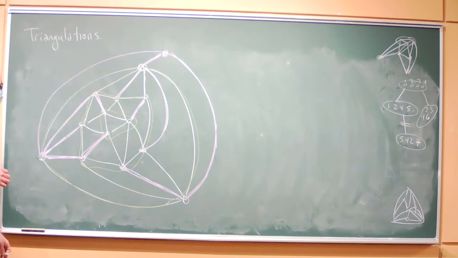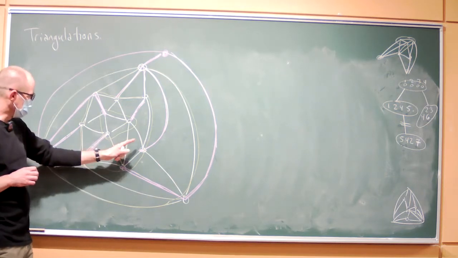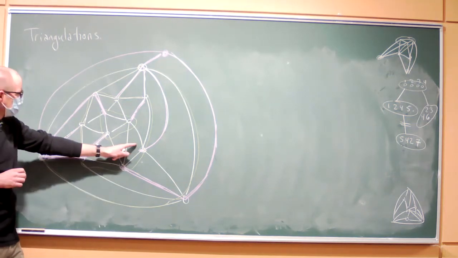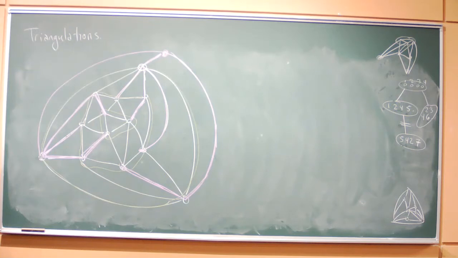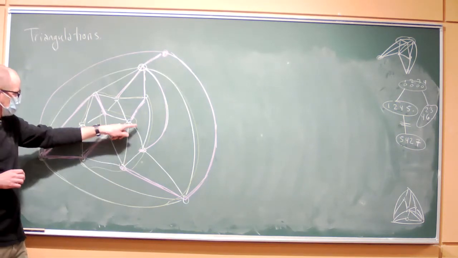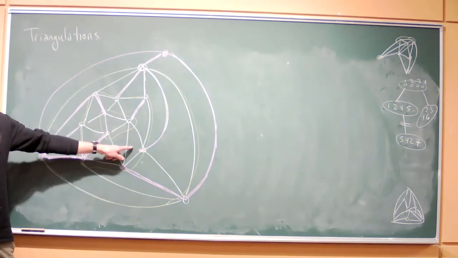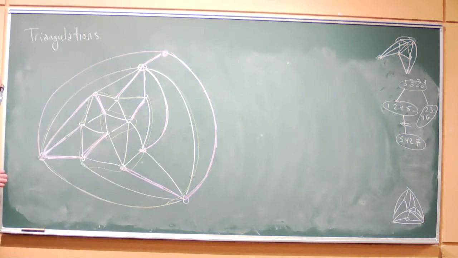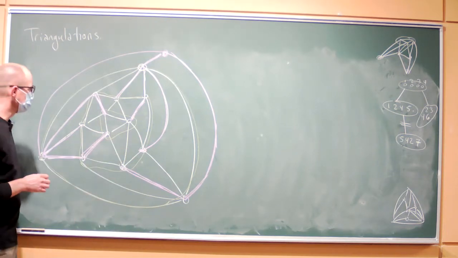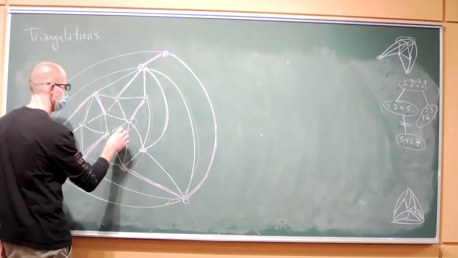But what a tripod is, you think of it the following way: you find a triangle in your graph, so a triangular face, that none of its edges show up in the breadth first search tree. So for example, there's a few of them, but let's pick this one.